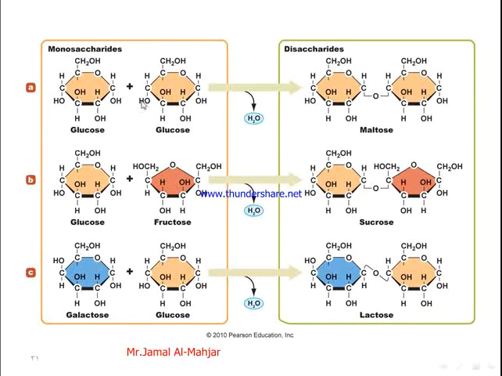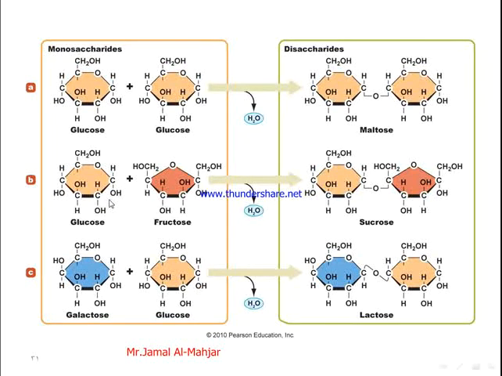From here, this is H and this is OH removed, and the remaining is only 1 oxygen. This oxygen joins the 2 molecules. So this one you call maltose. Glucose plus glucose removing H2O, from carbon number 4 and carbon number 1, so you will get a free functional group. So this is maltose.